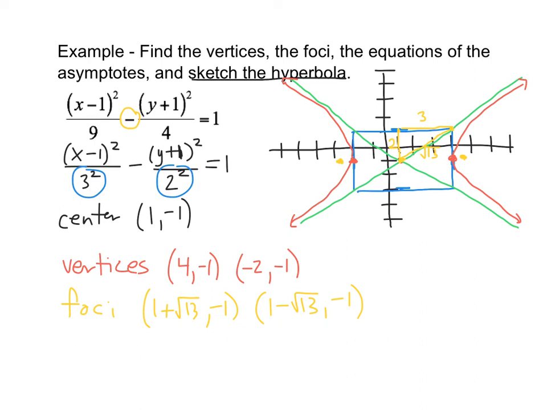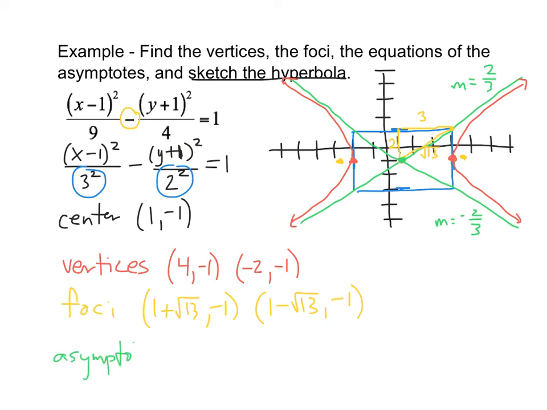Finally, they ask us for the equations of the asymptotes, because we know a point that it goes through, and conveniently that triangle picture tells us that the slope of this is up 2 over 3, and similarly the other one is going to be down 2 over 3. We could write the equations of these asymptotes very easily using the center and those slopes in point slope form.